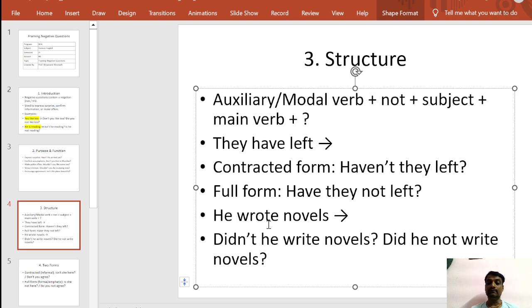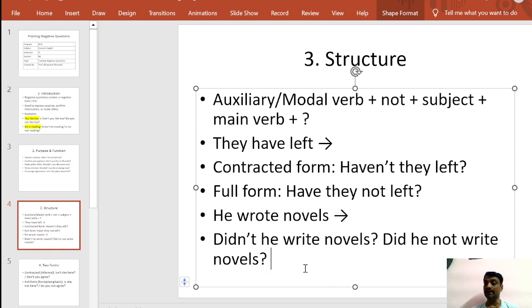And the next example: He wrote novels. Here we don't have any auxiliary. So when there is no auxiliary, use the proper auxiliary of do, does, did. The sentence is in past tense, that is why: Didn't he write novels? When you go with the past tense, do not forget to change the main verb to the present or base form.